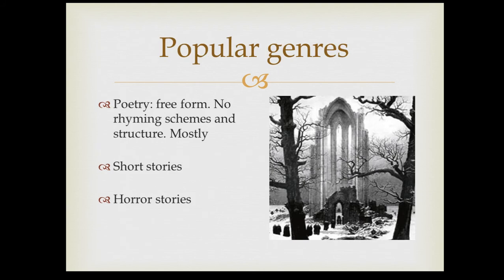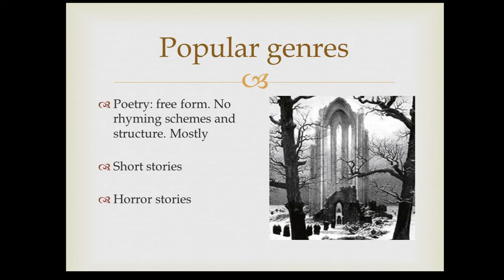Now then, it says popular genres, but I mean popular forms. Poetry is quite common in Romantic literature, and particularly free-form poetry, but we have some poetry that is bound by nursery rhymes and stuff like that as well.